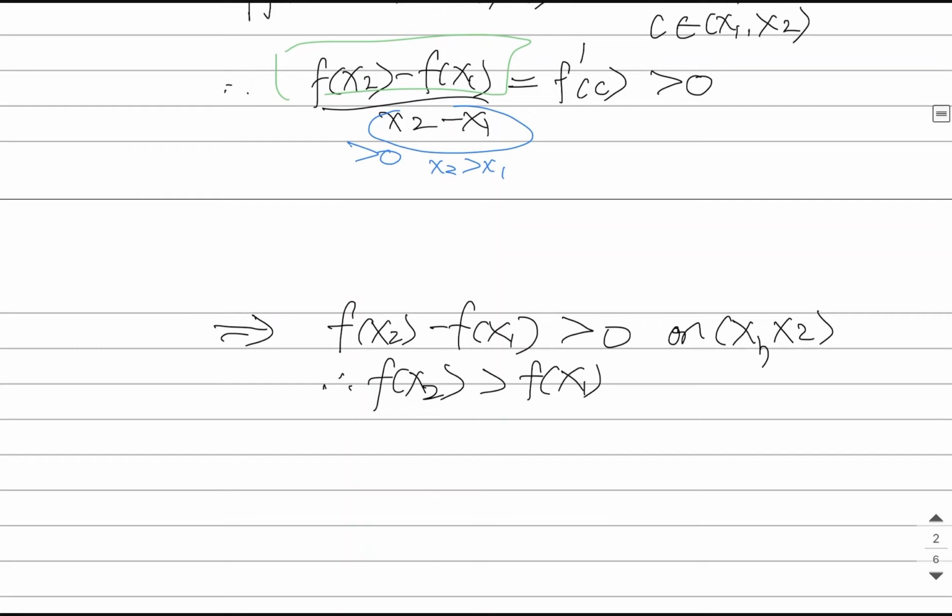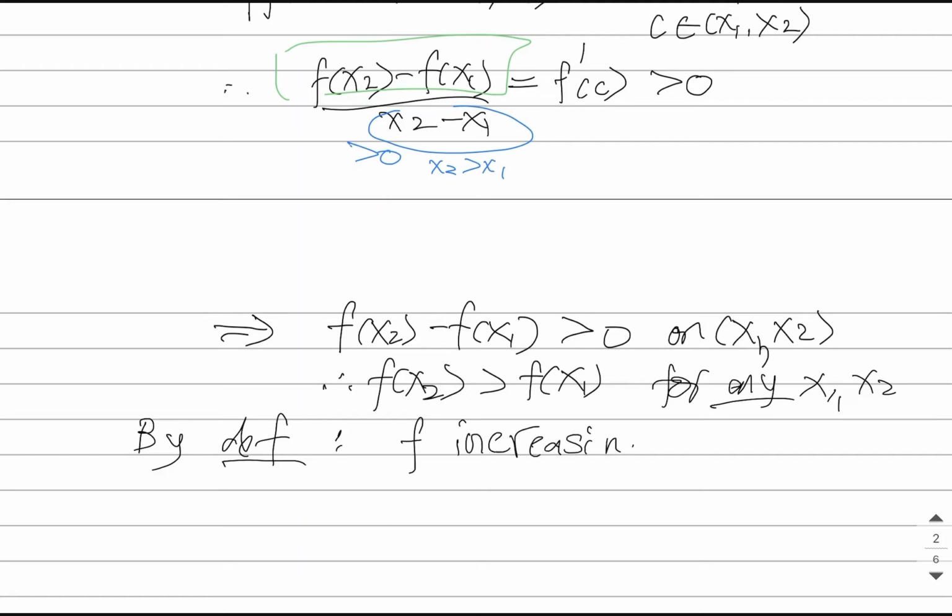And this has to be true for any x1 and x2, because we just picked x1 and x2 to be some arbitrary numbers. So by definition, you may or may not remember this from your pre-calc class, this means that the function f is increasing on this interval x1, x2.